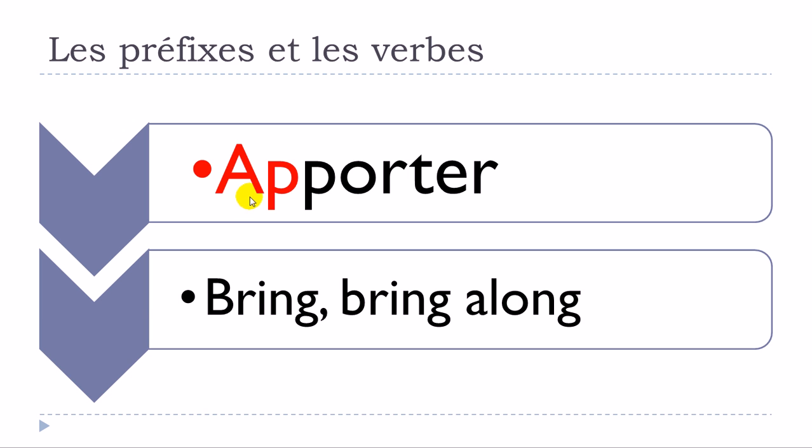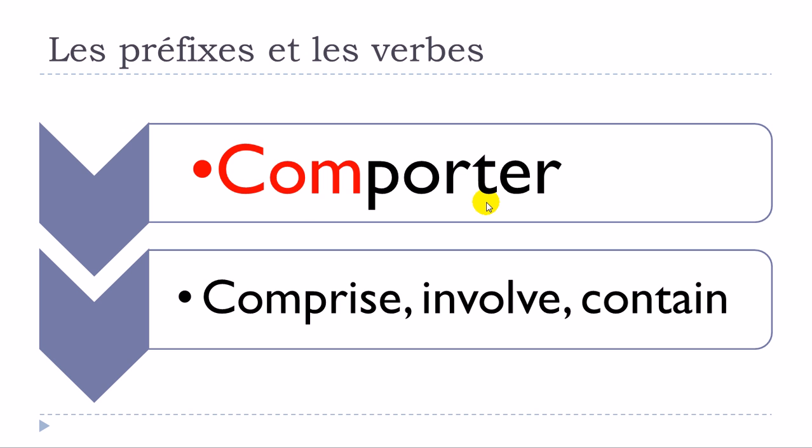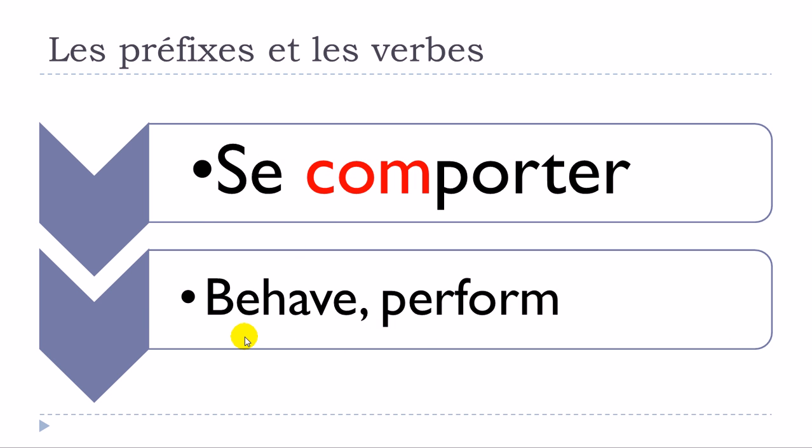The first one, if you add this ap, you will get apporter. That's actually a translation of this verb, apporter. Then we can add C-O-M, so comporter, and that's the translation here.